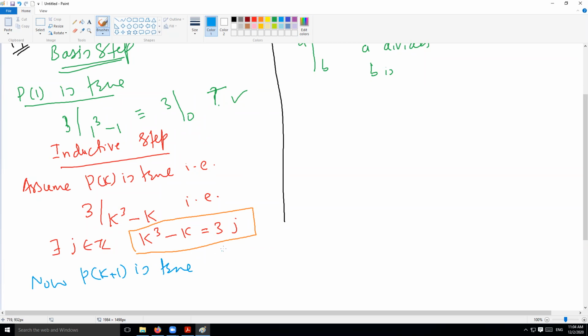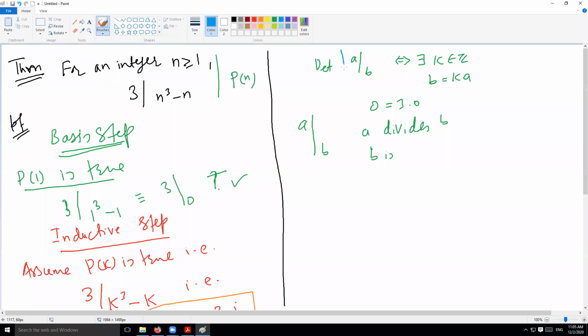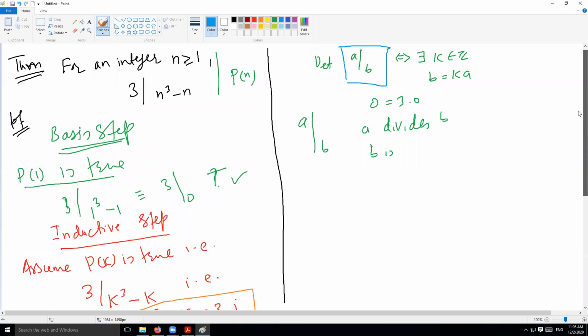Why did we take existential here? Why not for all? The j we have taken follows from the definition. Why can't we take all? Is 12 equal to 3 times all numbers or some number?